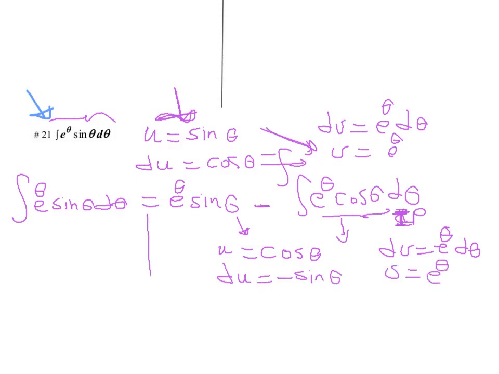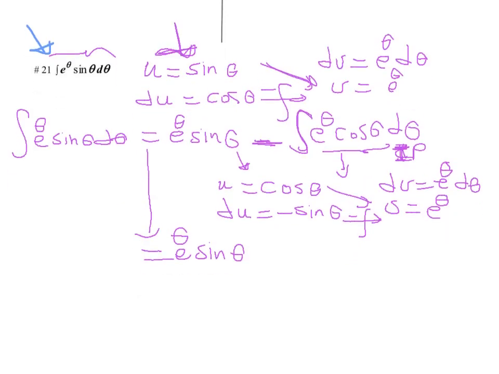So now this is equal to e^θ sin θ minus the integration, which is here, uv minus v du, which is going to be minus e^θ cos θ. There is a minus here, so it will be a plus, and this is a minus, and there is a minus there also.